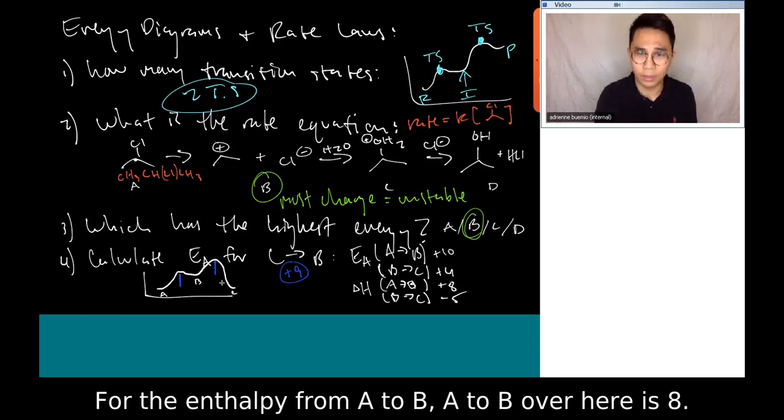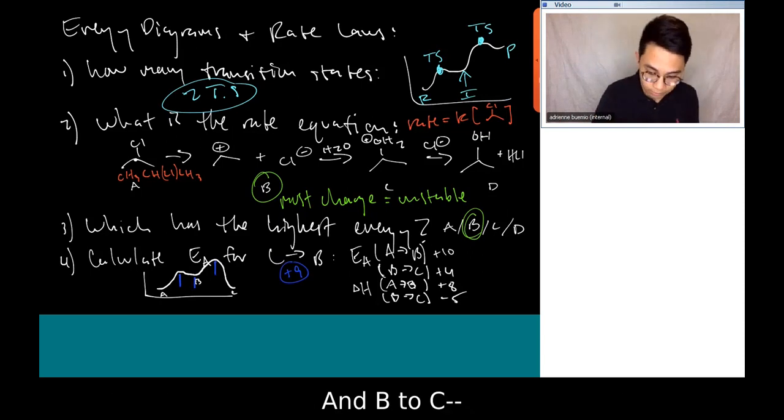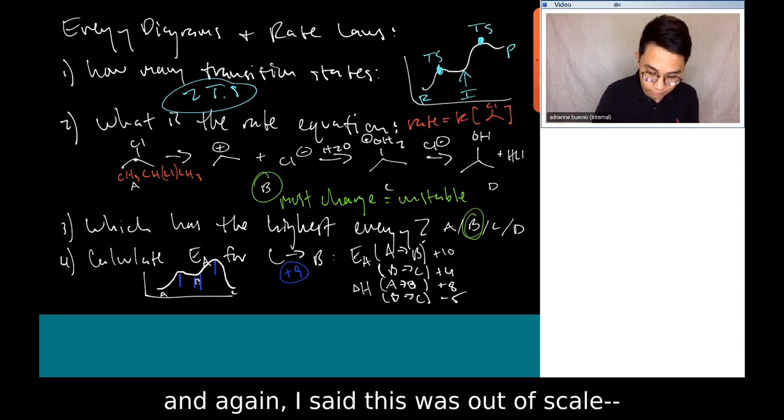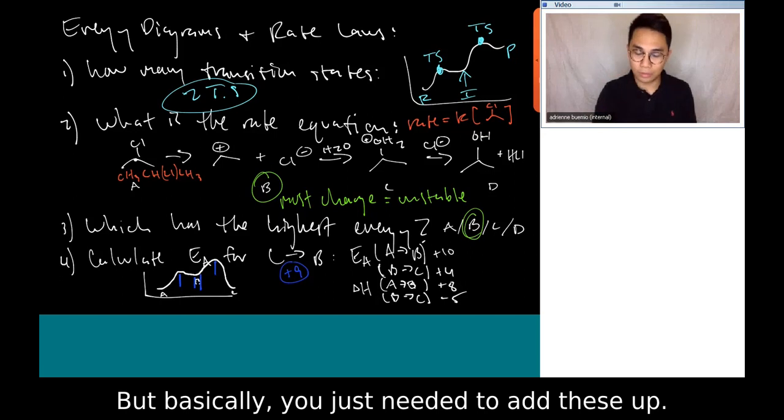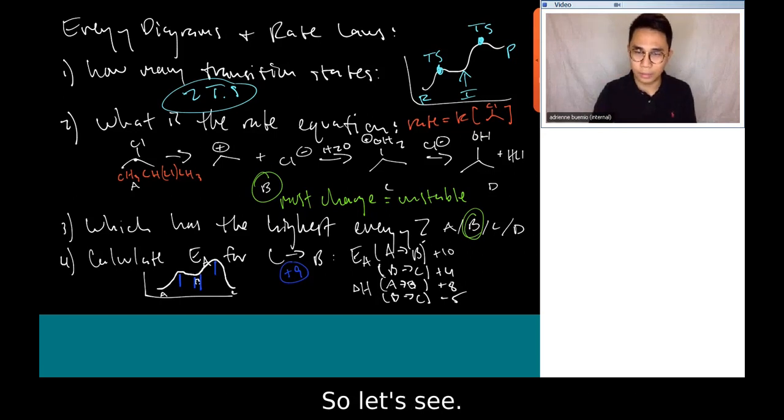For the enthalpy from A to B over here is 8, and B to C. And again, I said this was out of scale, very, very out of scale. But basically, you just needed to add them up, right?